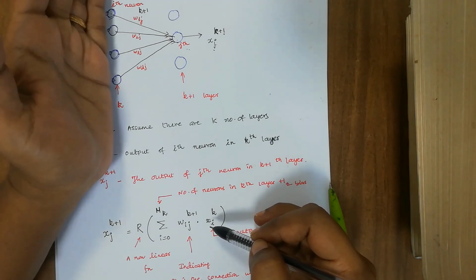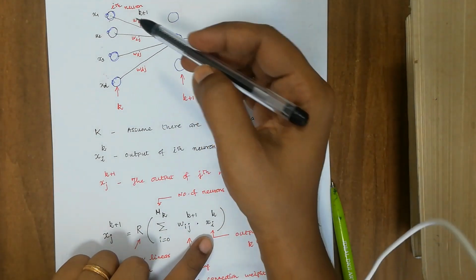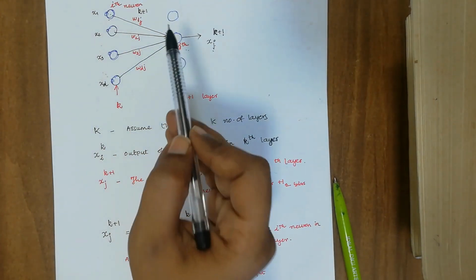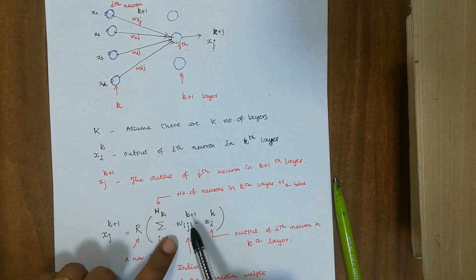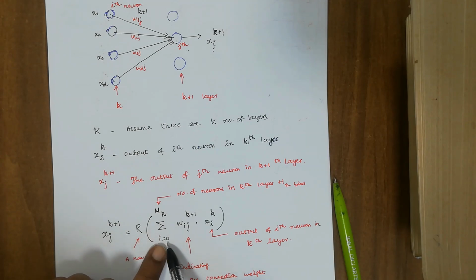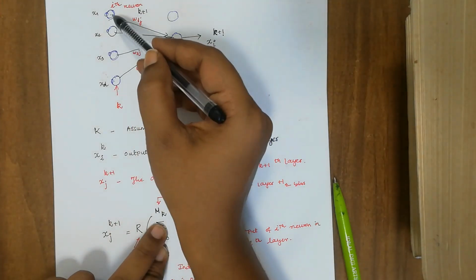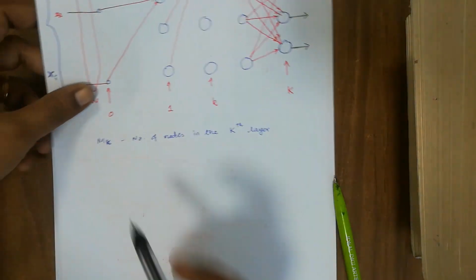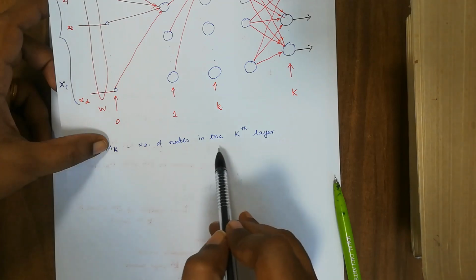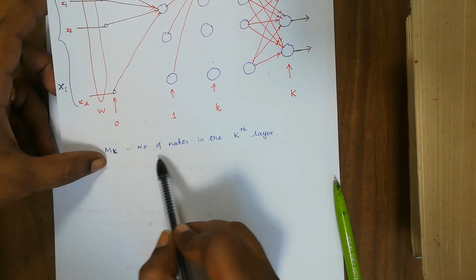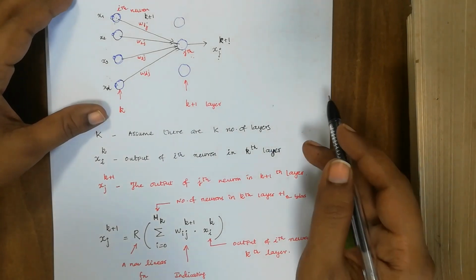Now let us consider this is the output of the ith neuron in the kth layer that goes as an input to the jth neuron in the k plus 1th layer, and we take a linear combination of this, where the summation ranges from 0 to mk. How many nodes? There are mk nodes. As I have discussed here, mk represents the total number of nodes in the kth layer. If this k is a small k, then it is a hidden layer between 1 and K minus 1.